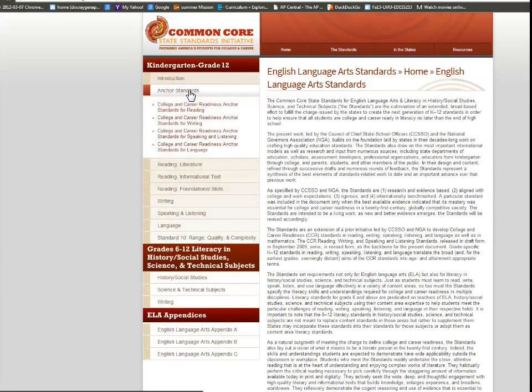They hold the anchor. So we click on, there are college and career readiness anchor standards for reading, for writing, for speaking and listening, and for language. So for now, we are going to investigate reading, and we will, in this course, be looking at writing, speaking, and listening, and language as well. But first, let's begin with reading.